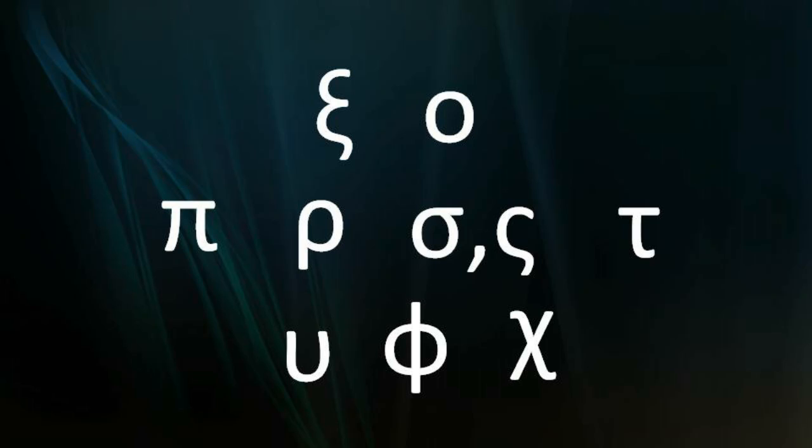And now let's go back to the first two. Remember? Xi, omicron. And after xi, omicron, repeat after me. Pi, rho, sigma, tau.